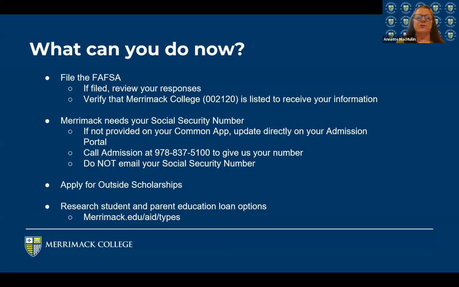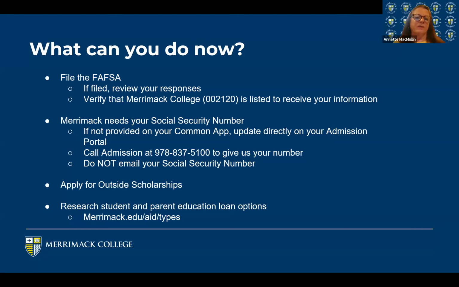If you're in a trying time, it's going to be more daunting for you to go in and start your FAFSA process during a trying experience that you're going through. So we say, file, it's free, we have it on file. If something changes, our financial aid office is willing to work with you and your family to help you through that difficult financial time. So once you have filed, verify that Merrimack is listed on your information.